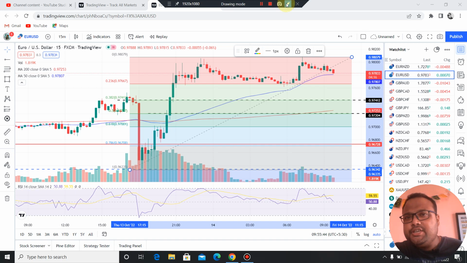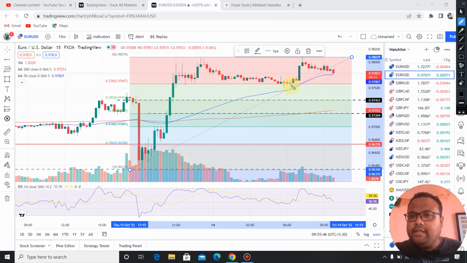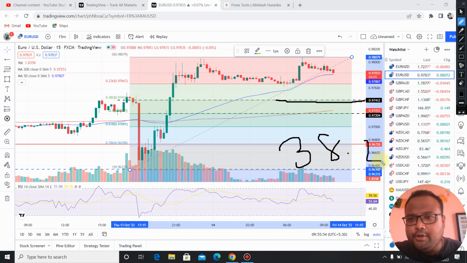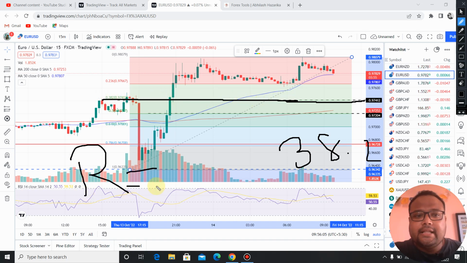So during the Asian session, during the European session, if market starts falling also, then don't you think we can expect the market to reverse from Fibonacci 38.2? Definitely we can expect. And most importantly, if you look at this level here, then you can see that this was also the resistance previously. So previous resistance right now will be acting as the new support.